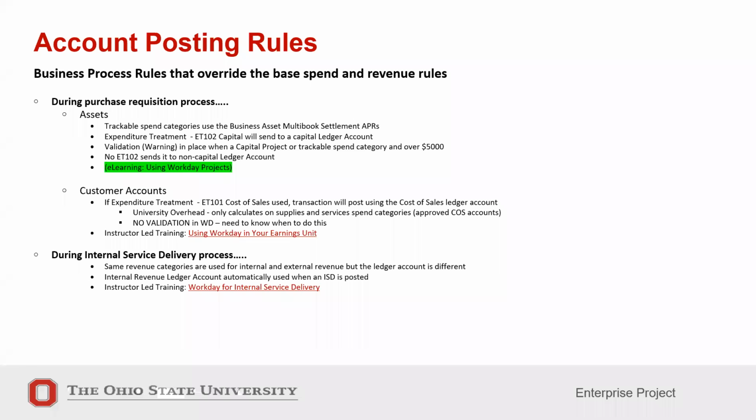This cost of sales is discussed in the using Workday in your earnings unit training. So again, your spend category is not going to say cost of sales. You're going to have your spend category, but the ET 101 truly determines whether that hits the cost of sales ledger account or just the regular expense account.